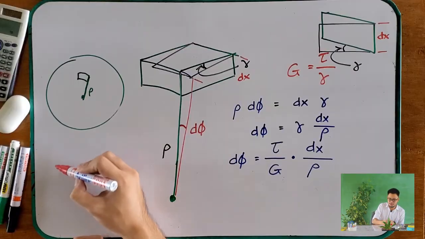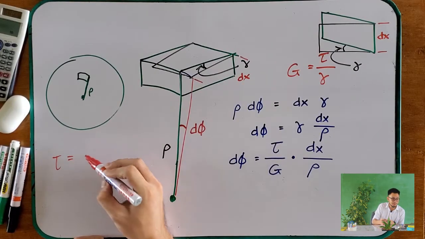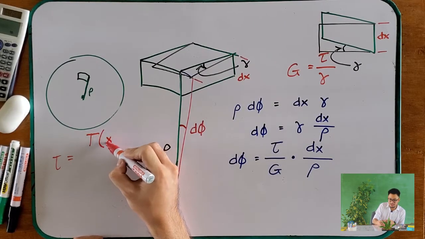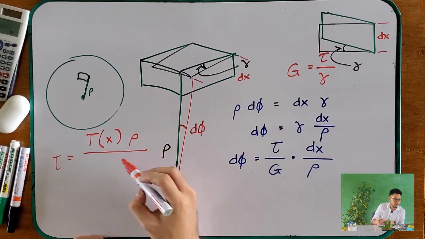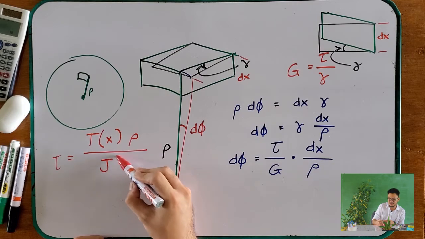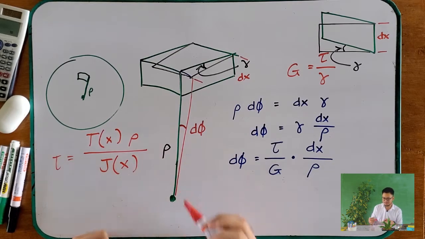Di ba, ang atong torsion formula is equal to T as a function of x rho over J as a function of x. Di ba? We learned this one. Okay.